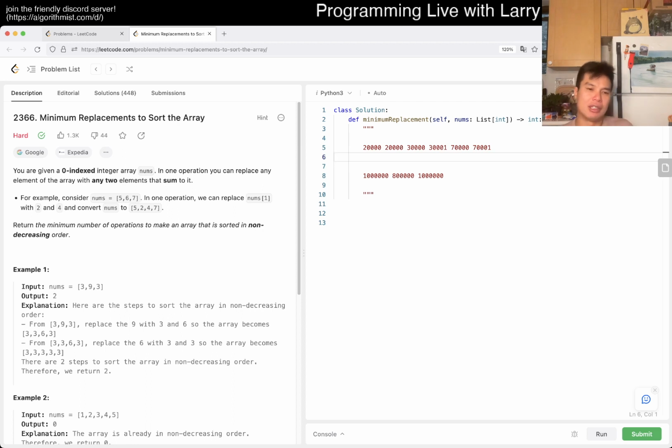That would be kind of sad if it turns out to be greedy. Well, maybe it is greedy.